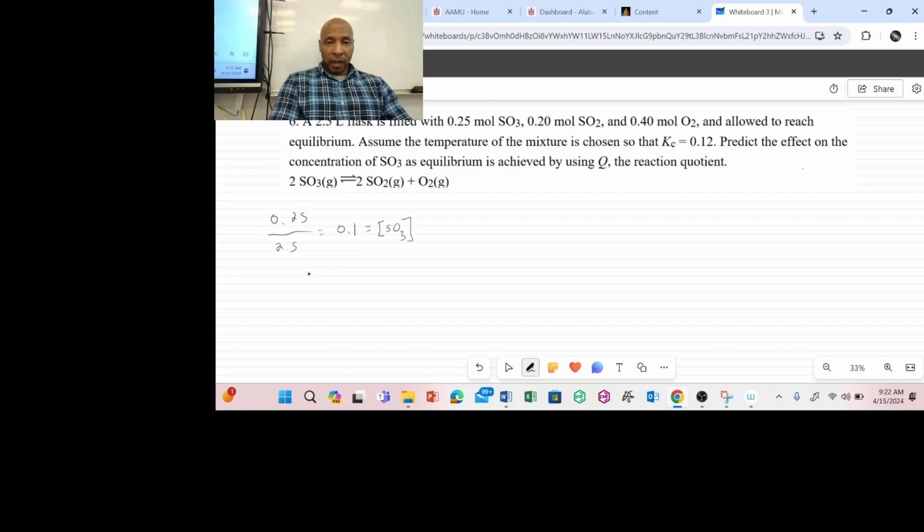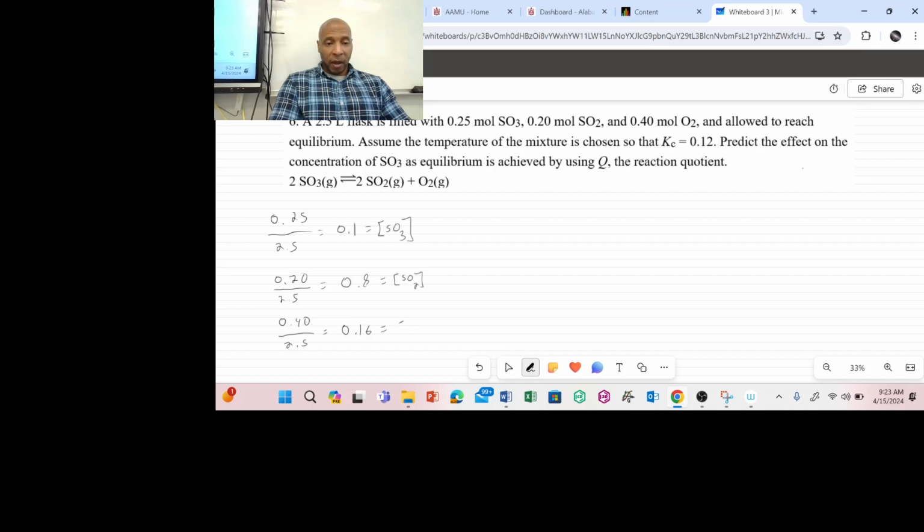And then I'm going to take 0.20 divided by 2.5, that's 0.8. 0.8 is equal to the SO2 concentration. And then let's see, for O2, I have 0.40 divided by 2.5, and that's 1.6.